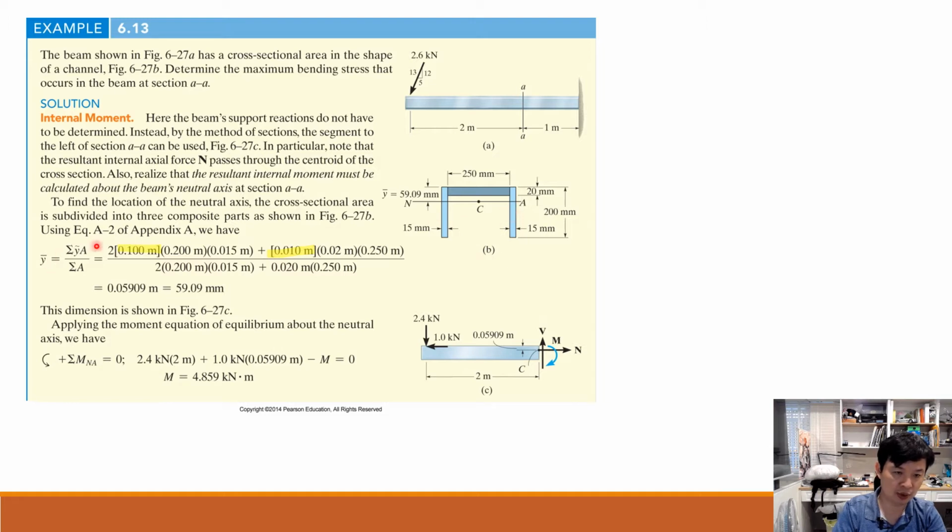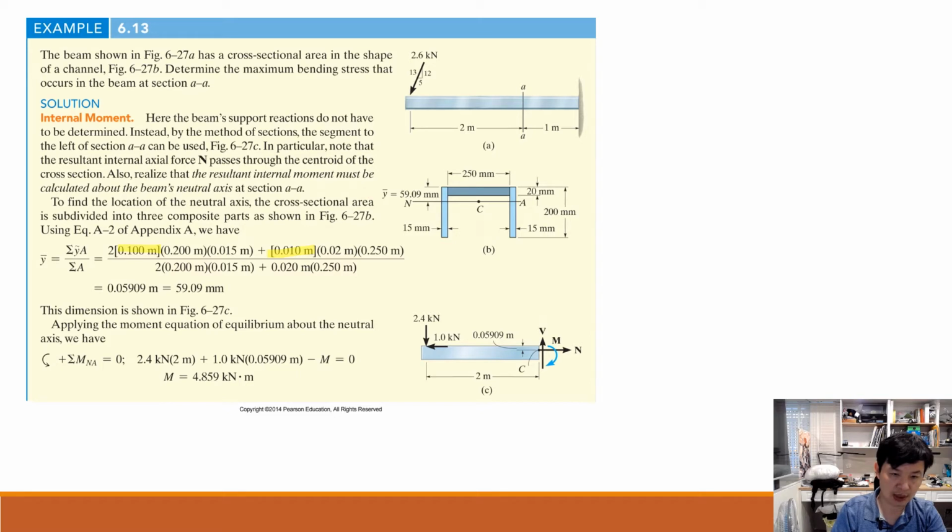And we multiply by 2 over here because we have two pieces. One piece for the horizontal one, two pieces for the vertical one. Then the area of the vertical one would be here, and the area of the horizontal one would be here. Once we add all of them together, divided by the overall area, we get 59.9 millimeter. That's the distance from this point to here, and this is called the y bar.